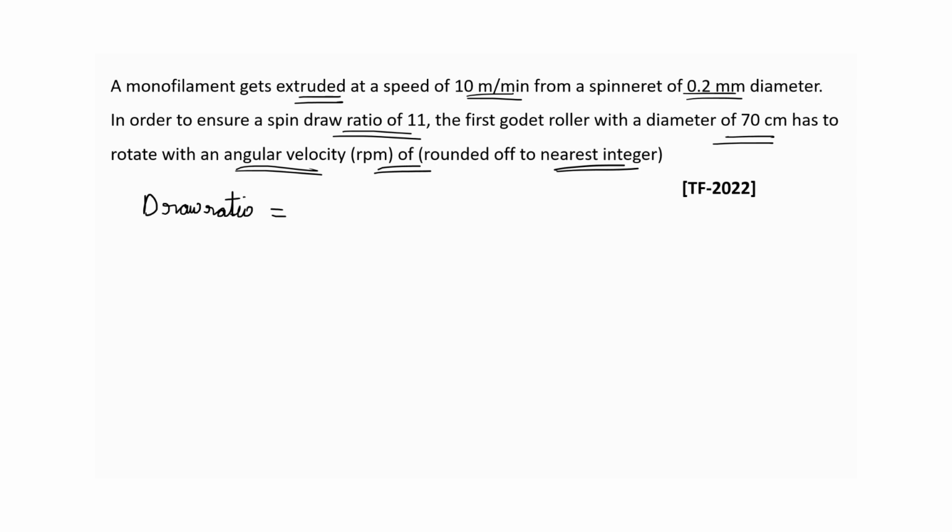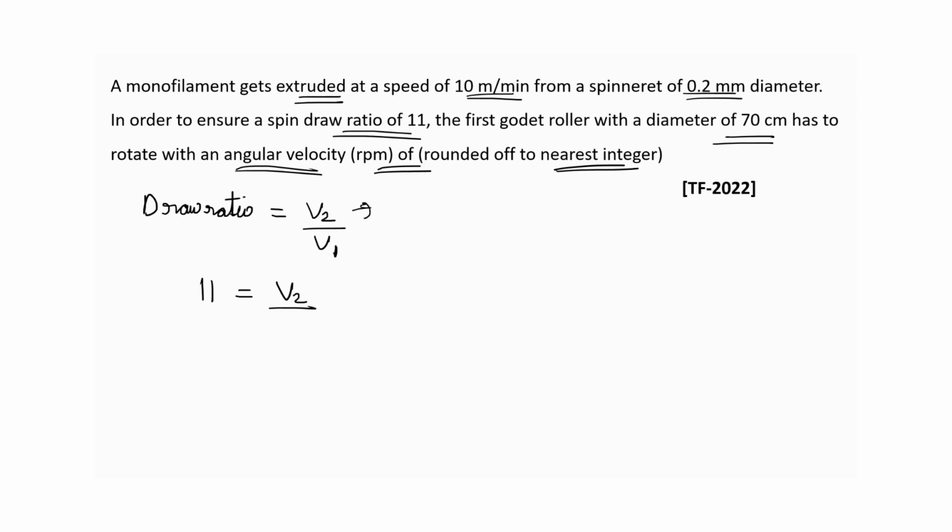In terms of velocity, it is v2 upon v1, the velocity of the second upon the velocity of the first. In this question the draw ratio is given as 11, v2 is not given, and v1 is given to be 10 meter per minute speed.